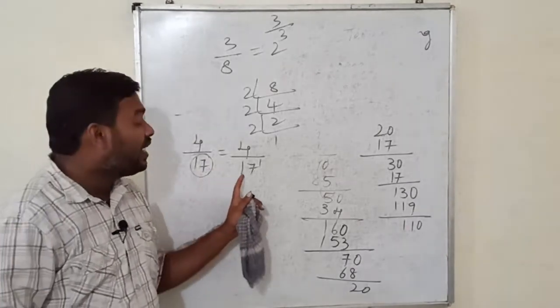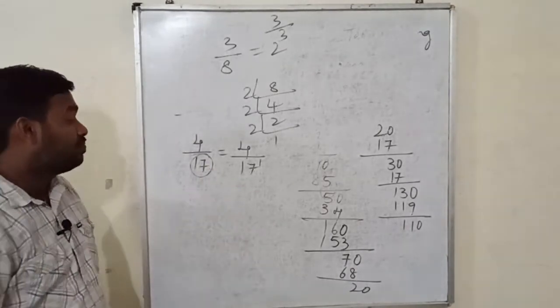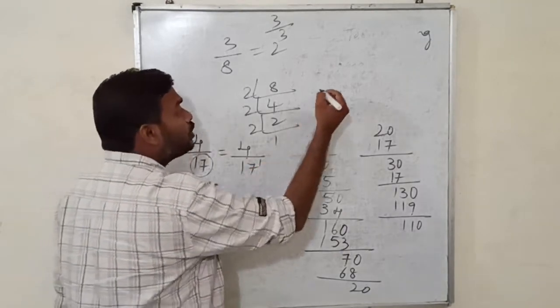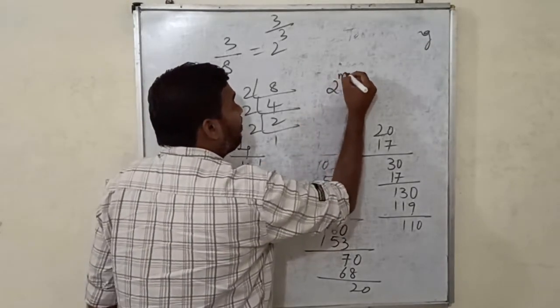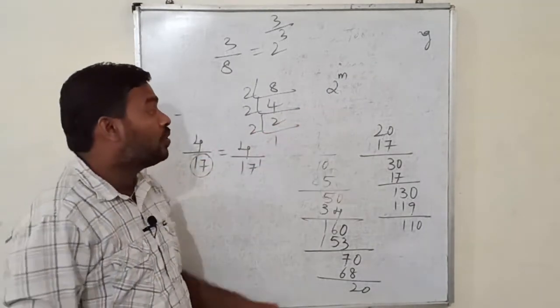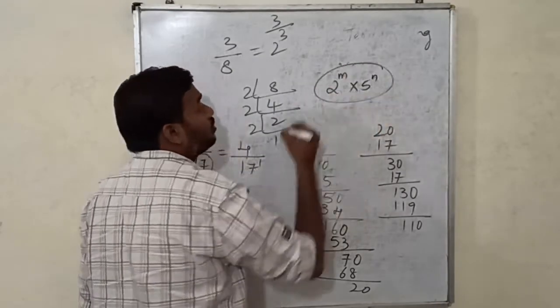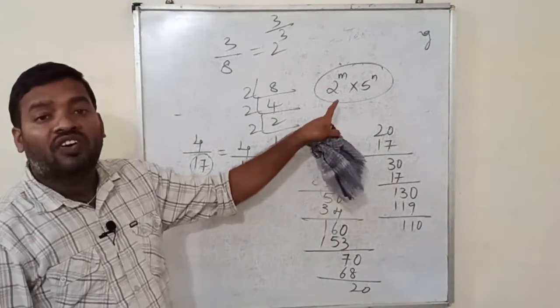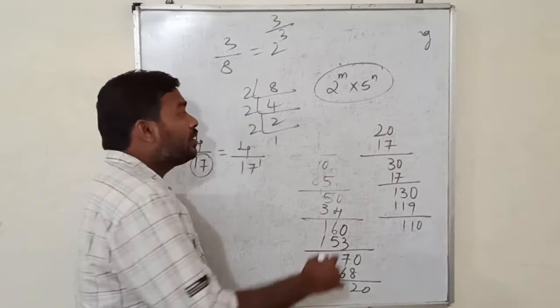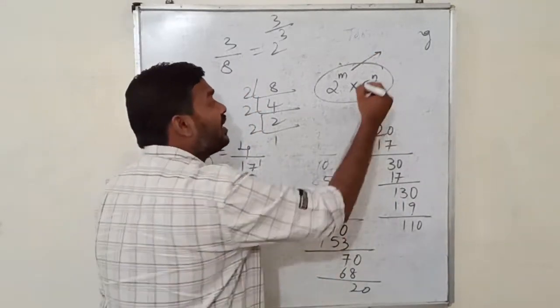Whenever you get the prime factorization of the denominator in terms of 2 power m into 5 power n, then the given rational number is a terminating decimal.